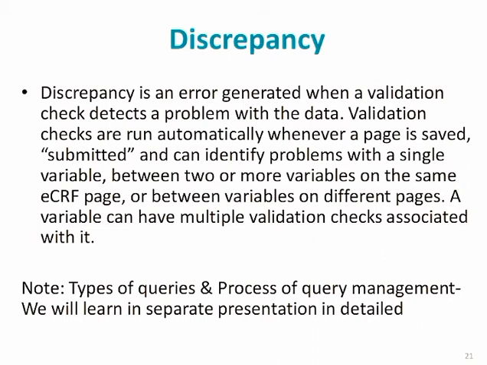A variable can have multiple validation checks associated with it. The note is a type of query, and the process of query management we will learn in a separate presentation in detail.